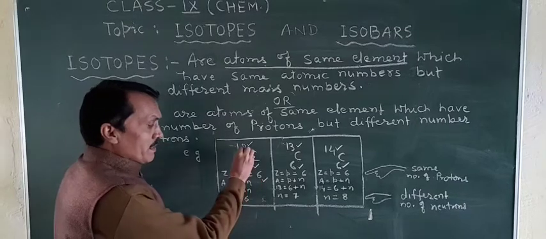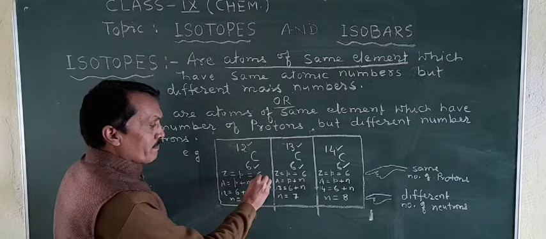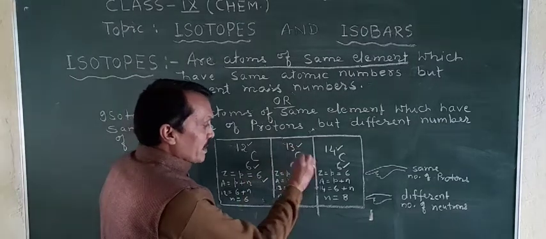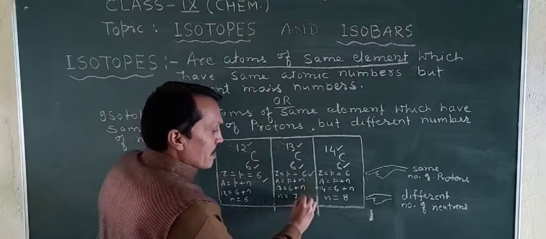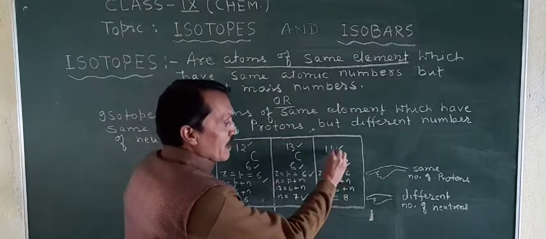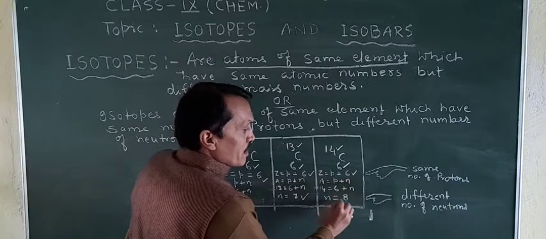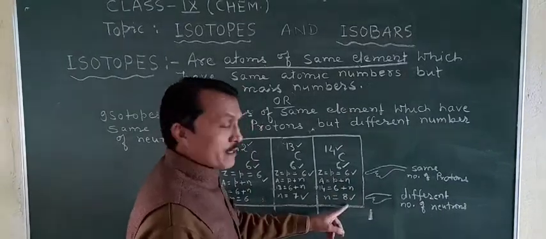So in carbon 12, the number of neutrons is 6 and protons 6. In carbon 13, protons are 6 but neutrons are 7. And in carbon 14, protons are the same but neutrons are different, meaning 8.